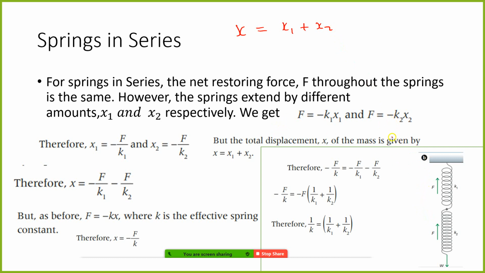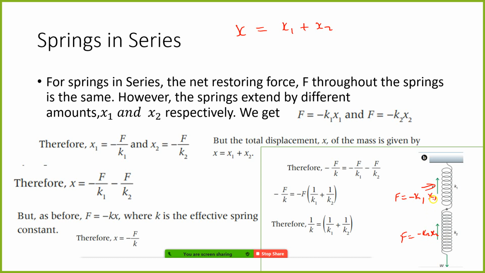Now, as you can imagine, using Hooke's law, this spring here is going to obviously have its own restoring force, which is going to be related to F equals minus K1 times X1. Then for this one, F is equal to minus K2 times X2.